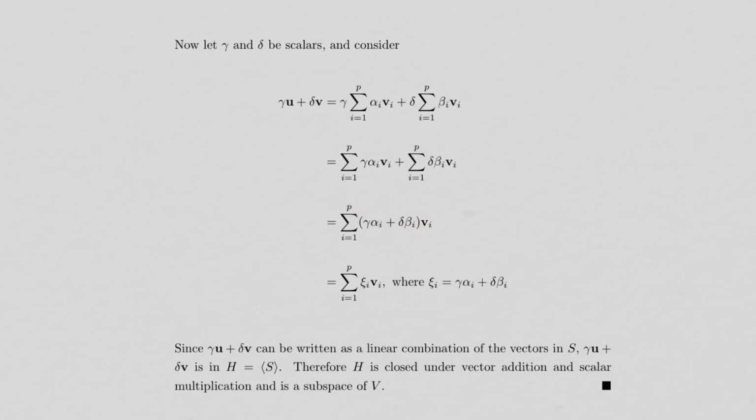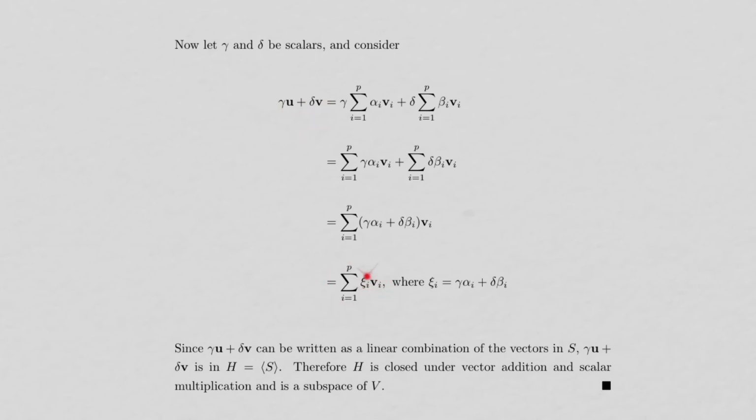So I'd have a set of these scalars, psi's, the Greek letter psi, which looks kind of like a squiggly e, as i goes from 1 to p. I'd have p of these, one for each of the v's, and they're just gamma alpha sub i plus delta beta sub i.